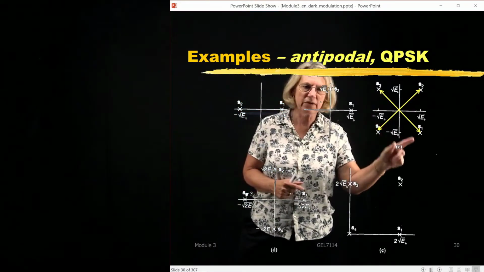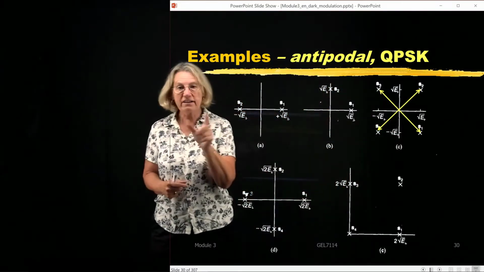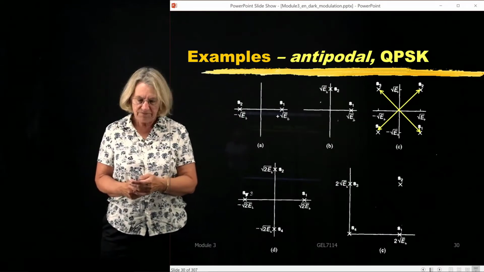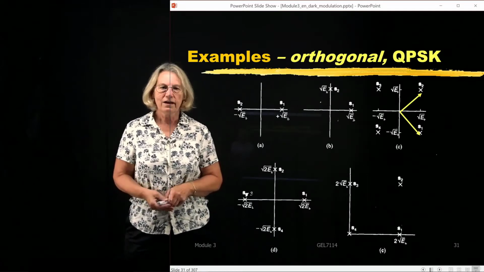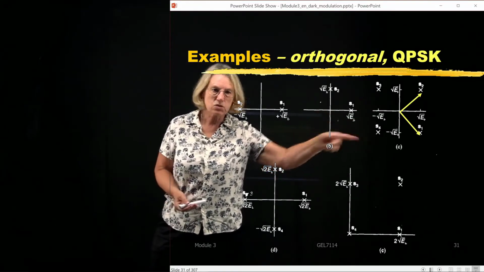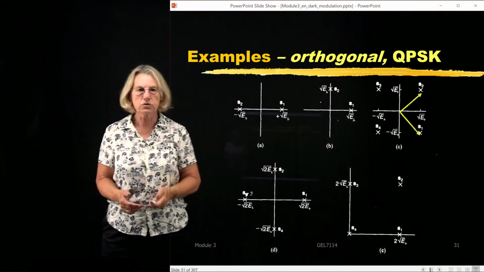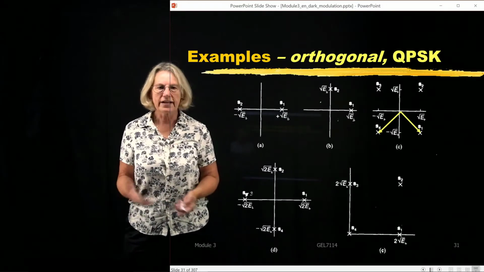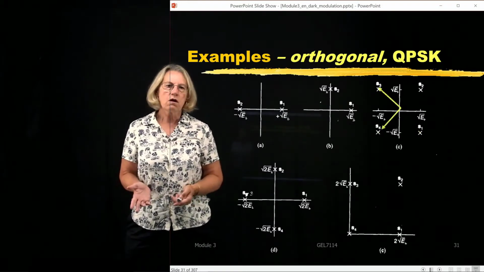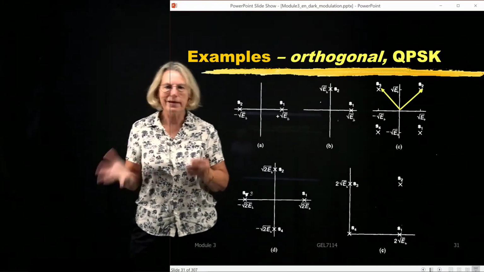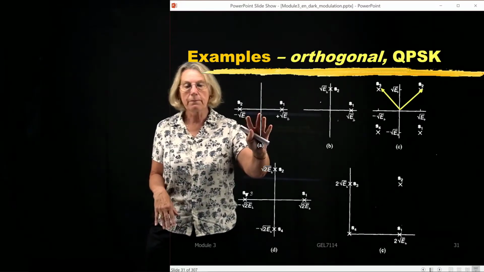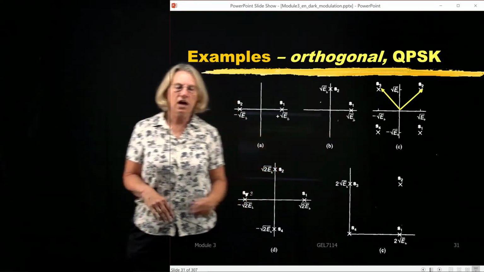And if I take S3 and S1, they're in opposite directions. But if I look at them along different pairs, then they actually look orthogonal. S1 and S2 are orthogonal to each other, S1, S4, etc. So QPSK is some sort of hybrid mix between the binary examples of antipodal and orthogonal.